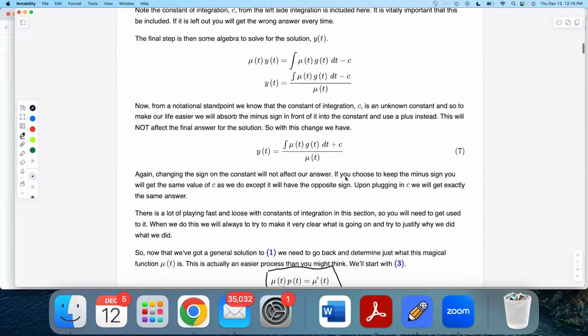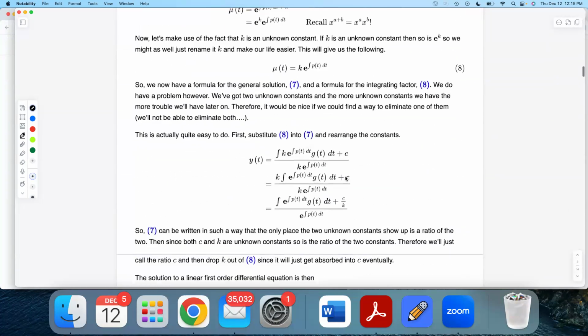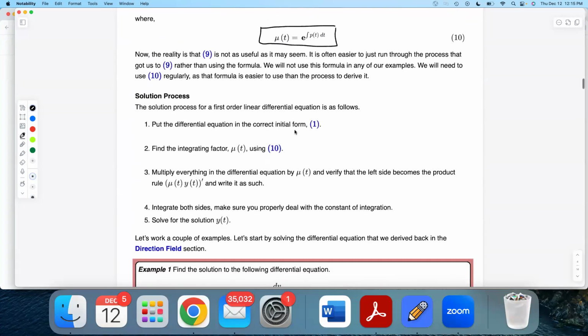Okay, so then our process is, this is what you want to know. We get our dE into our standard form, which is y prime plus p of t or x, whatever our variable is, times y equals some other function of t or x. We find our integrating factor. Our integrating factor, mu of t, is always e to the antiderivative of p of t dt, and that's p of t right there.